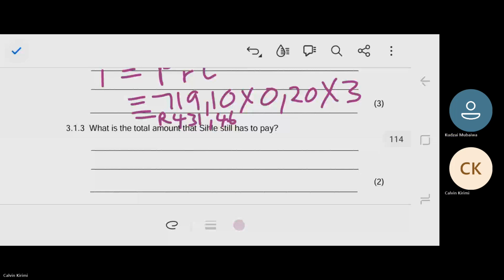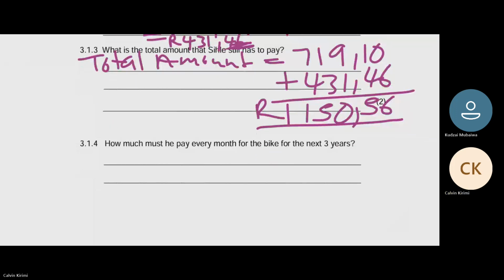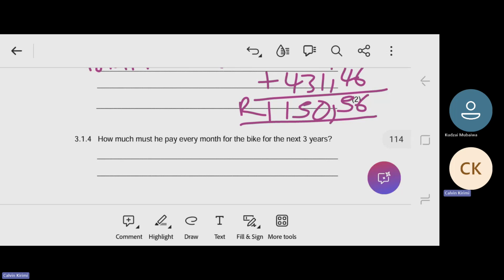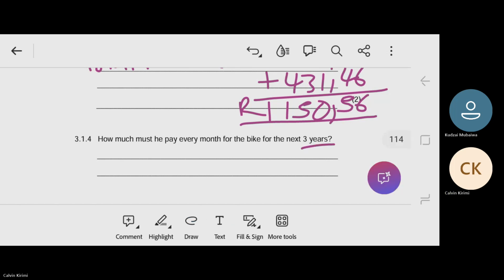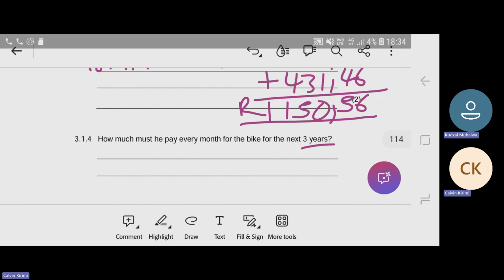Any question then? It's fine. So the question is saying, how much must he pay every month for the bike for the next 3 years? What do we do? 3 years, how many months? 36. So which means amount to pay monthly.